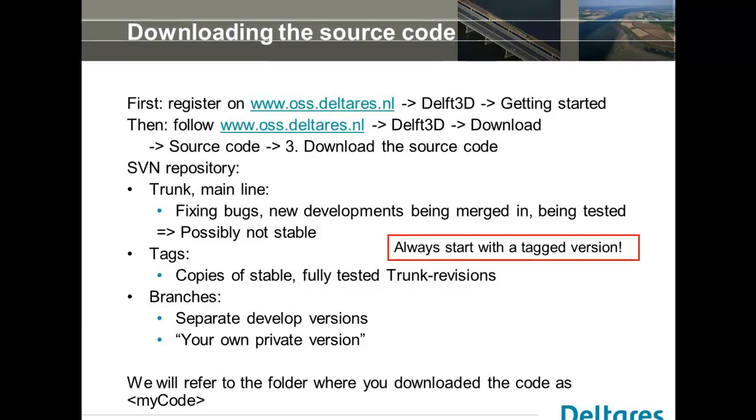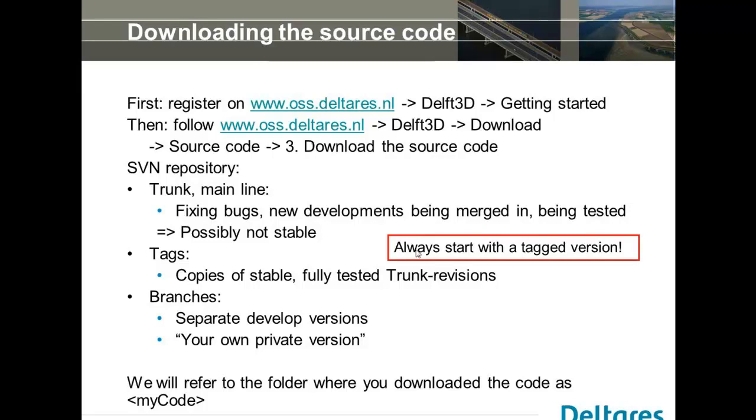Okay, if you have Tortoise SVN and your compiler ready, you can download the source code. First you need to register on www.oss.rs.nl to get access to the repository.